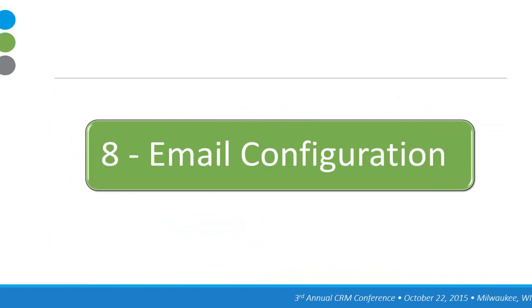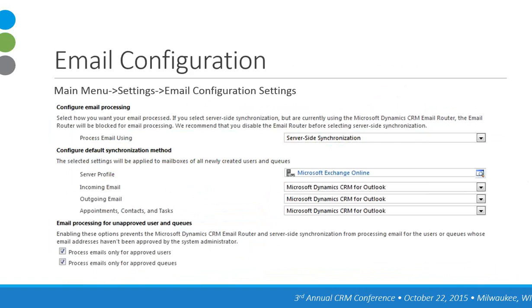The next thing here we'll talk about is email configuration. We'll go through this really quickly, but we wanted to bring this up because it's a very common scenario where email configuration comes up as a question or problem, so I hope this helps you out. You can get at these settings in the main menu, Settings, Email Configuration Settings in CRM.